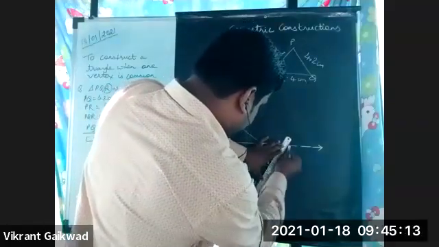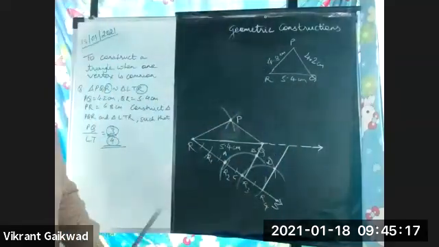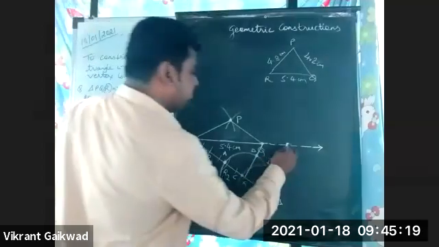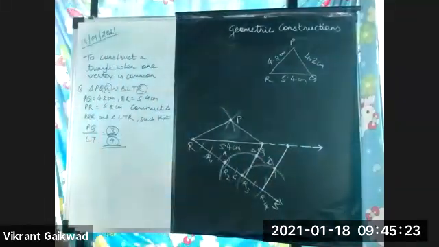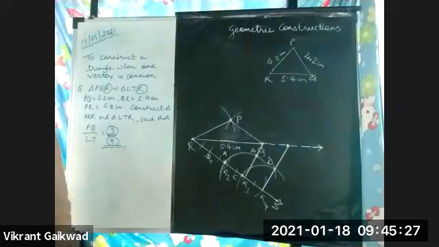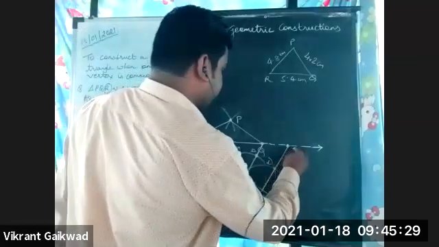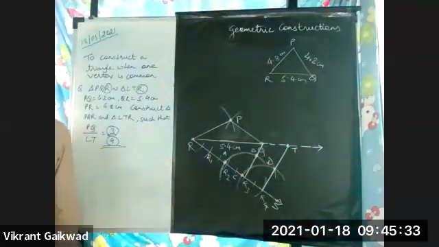And extend that to meet RQ. So where it meets RQ is point T. Is this clear till here?